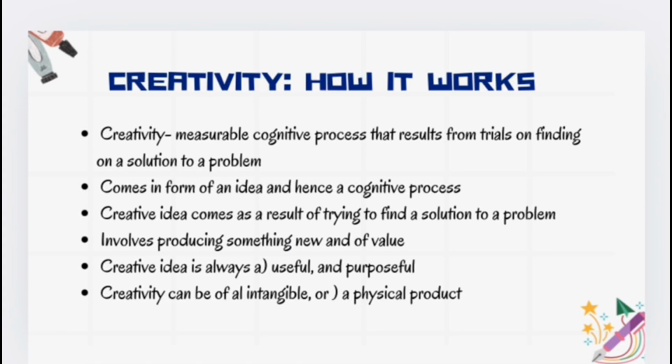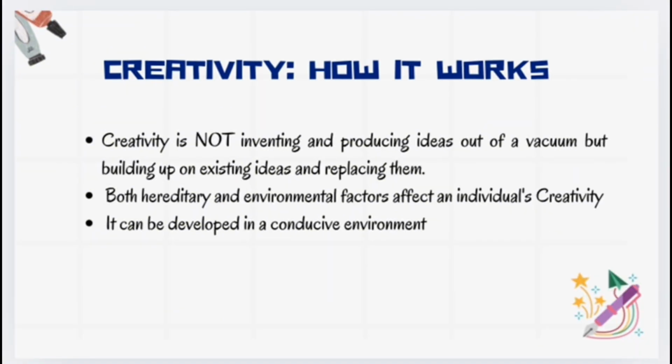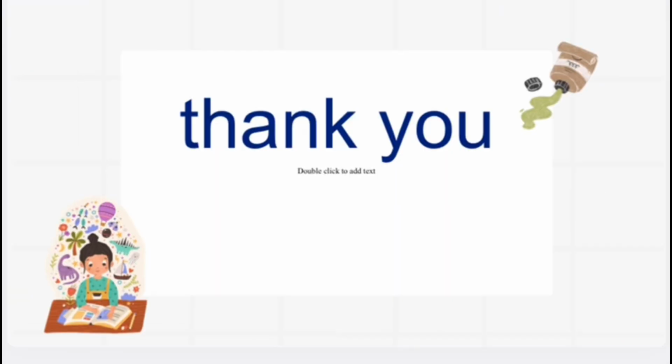It can be measured and observed as a process of thinking, testing, and problem solving. A creative idea usually comes from trying to solve a problem. It doesn't appear out of nowhere. It's the result of trying different approaches until something works. So that's the end of our discussion.